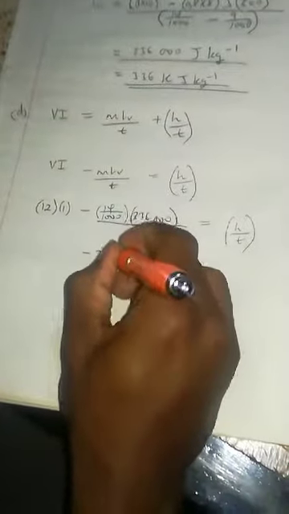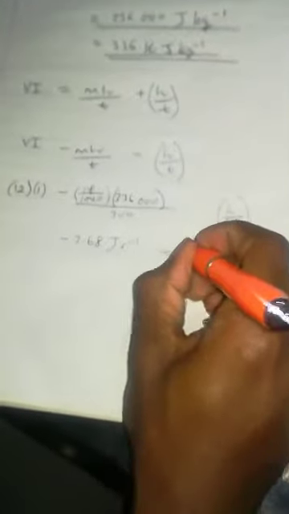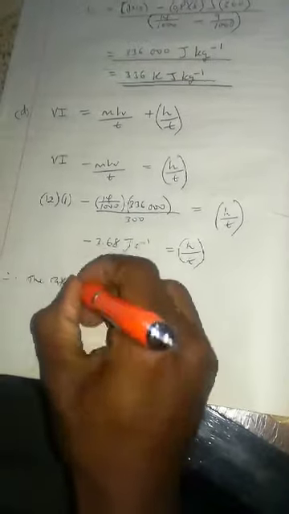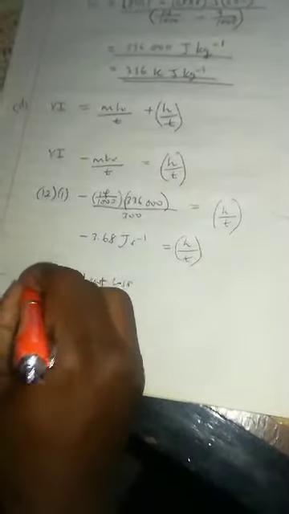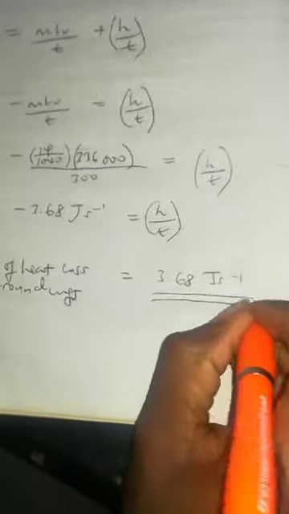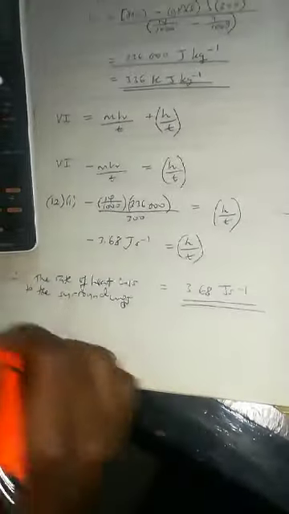That gives me minus 3.68 joules per second as the rate of heat loss. Therefore, the rate of heat loss to the surroundings equals 3.68 joules per second. The negative sign just shows that it is heat being lost, right? So that's it for this video.